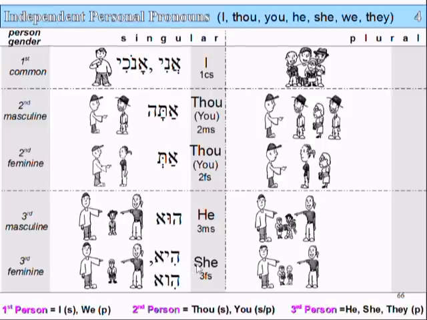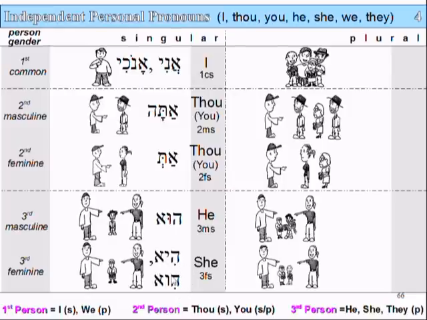So the word for she is Hey Yod Aleph, which is pronounced he. So I hope that doesn't spin you out. It's a bit of a joke in Hebrew, but the word for saying he in Hebrew is who, and the word for she in Hebrew is he. Alright, so you'll get that in the end.